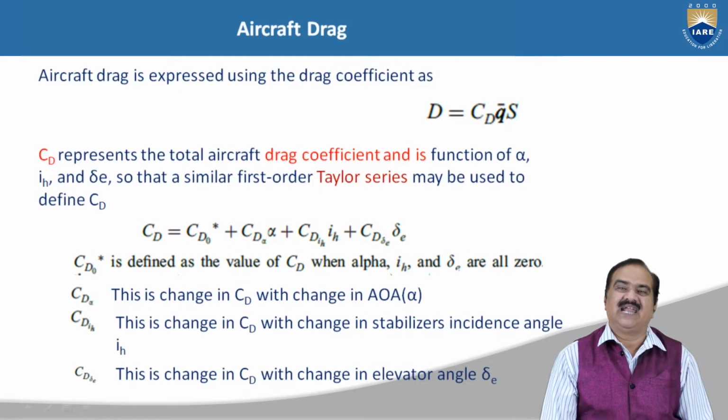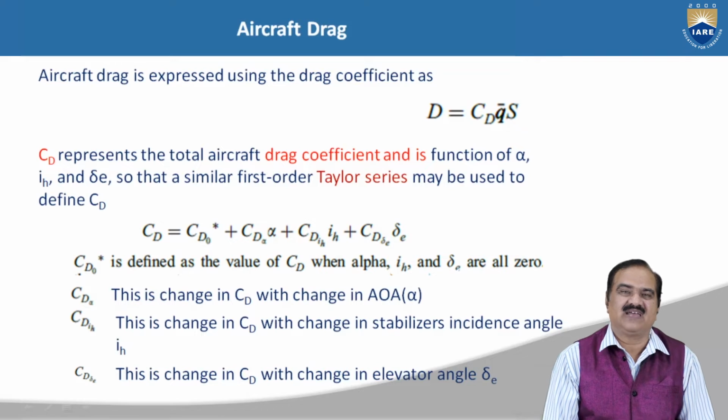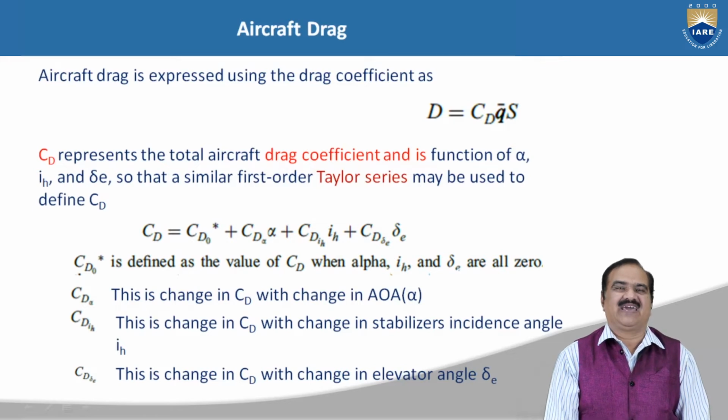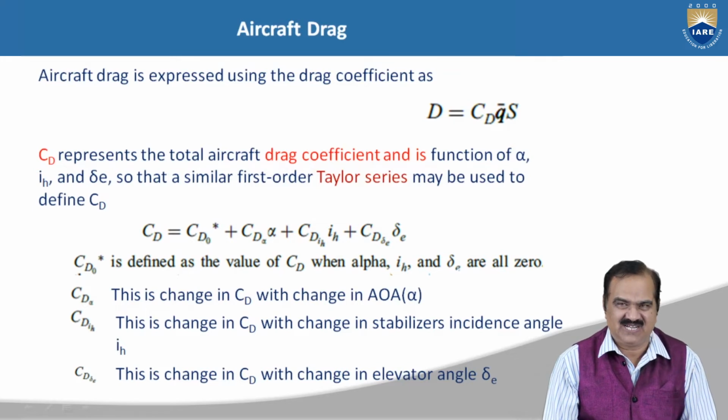and delta E is the deflection of the elevator, so that a similar first order Taylor series may be used to define the total aircraft drag coefficient CD.